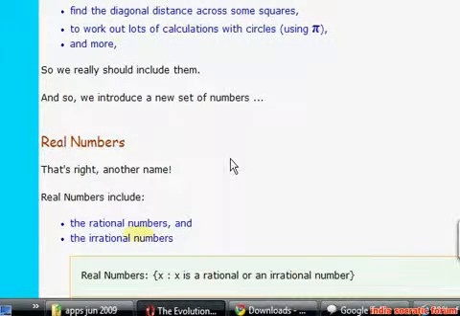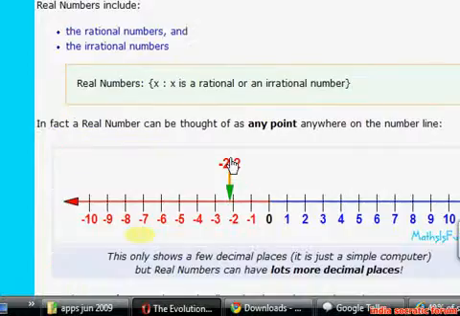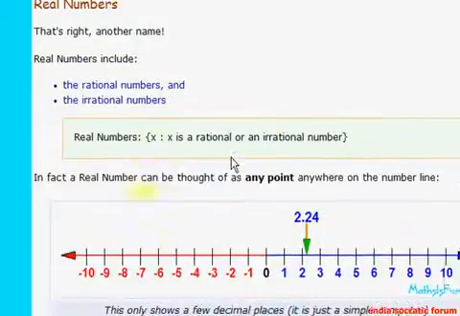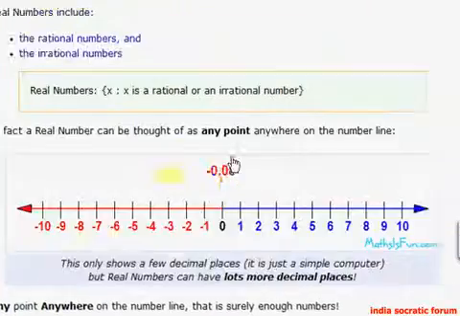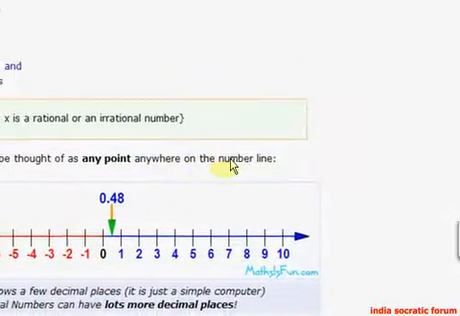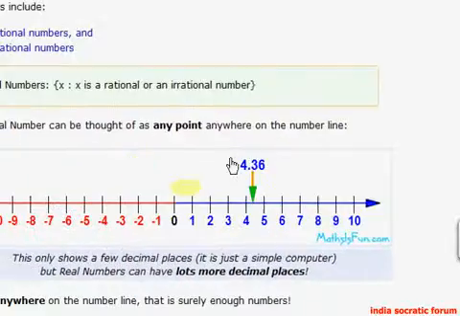So we have to include the irrational numbers. Real numbers include what? The rational and the irrational numbers. In fact, a real number can be thought of as any point on the number line.